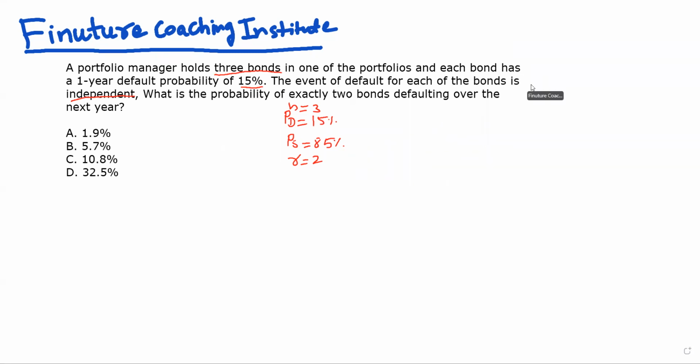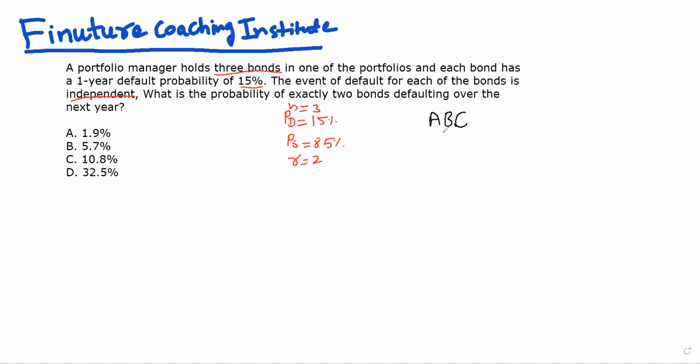First let me explain how you calculate the probability of 2 bonds defaulting over the next year, given the 1 year probability of default is 15%, and given you don't remember the formula of binomial distribution. So plot the situation. There are 3 bonds.